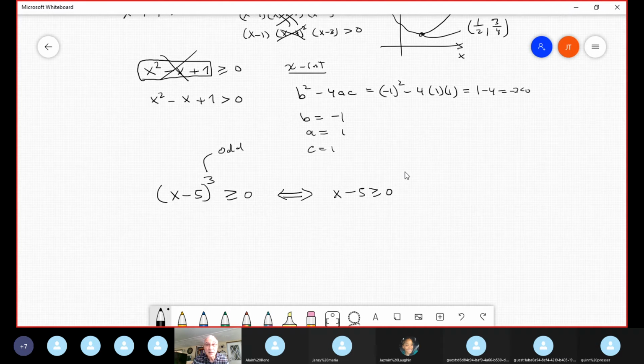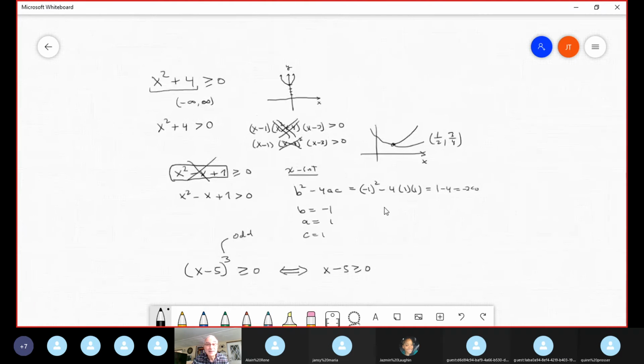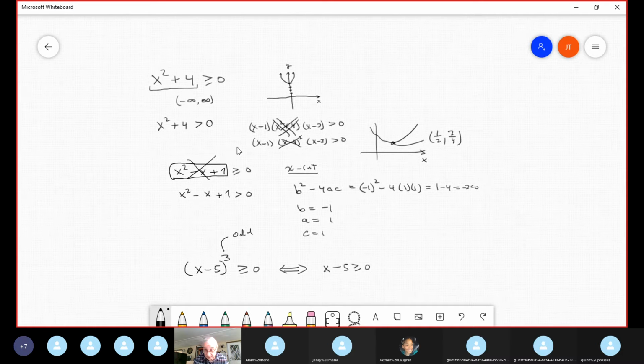In this case, the answer for any problem that we solved before is all real numbers, because I have only one factor that is totally deleted. But in real life, we have several factors. The factor that gets deleted is history, it goes away. The factors that stay determine the final answer.